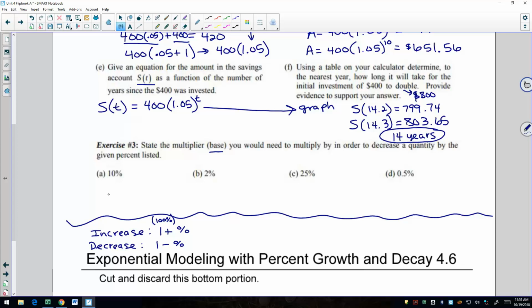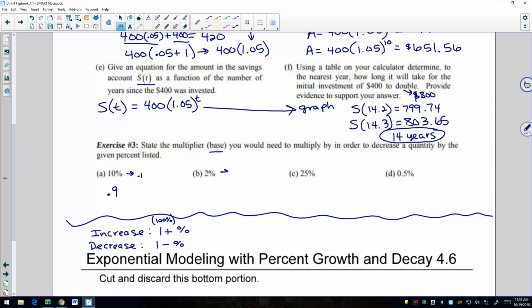So you would multiply by 0.9 or 0.90, right? Because 10% is 0.10 or 0.1. So to figure out what you would multiply by to get 10% less, you would be taking 90% of it. 90% is 10% less than what you had.